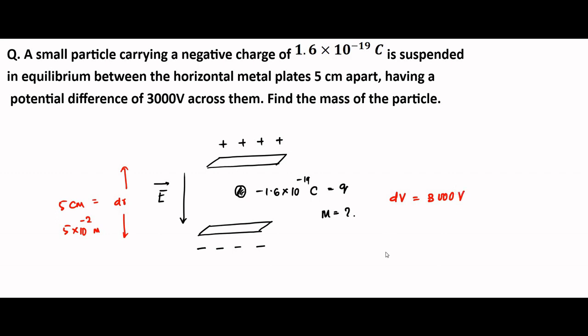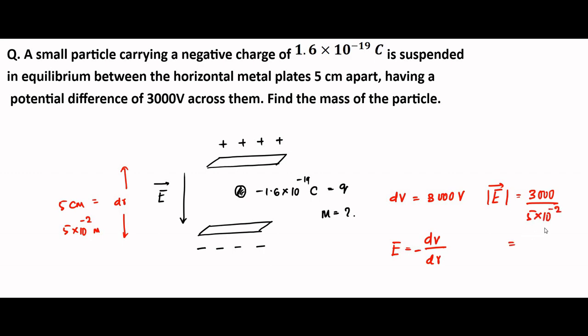So we know electric field is equal to negative potential gradient. Here we are concerned only with the magnitude of the electric field, so that will be equal to dV by dr. Actually it is negative potential gradient, but considering only the magnitude, that is equal to 3000 by 5 into 10 to the power minus 2 meter.